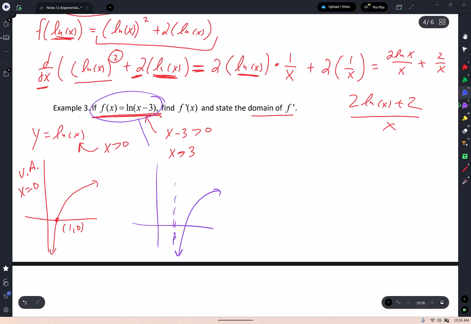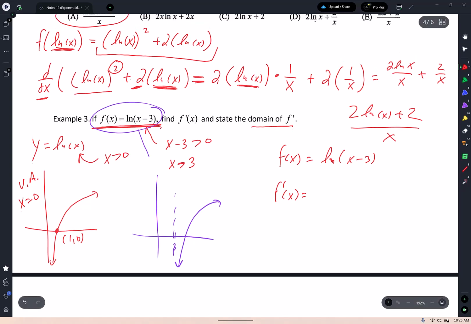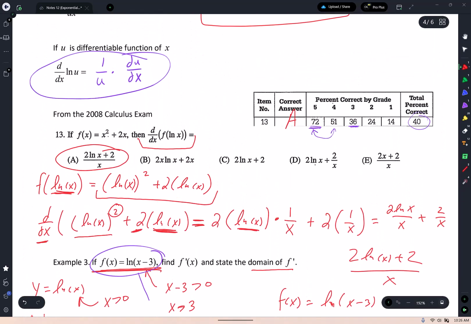Okay, here we go. The derivative. If f of x is equal to ln of (x minus 3), then f prime of x is just equal to, you guys tell me. We've been doing this for a while now.